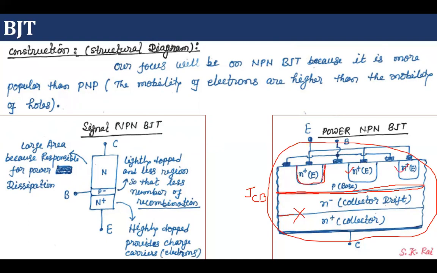In this junction, we have base emitter junction. So even in power NPN bipolar junction transistor, we can see so many layers, but we have only two types of junction: collector base junction and base emitter junction. So basic configuration will not be changed even in the designing of power semiconductor device.